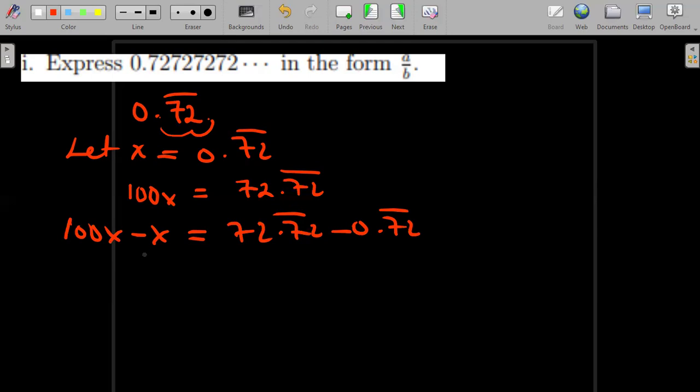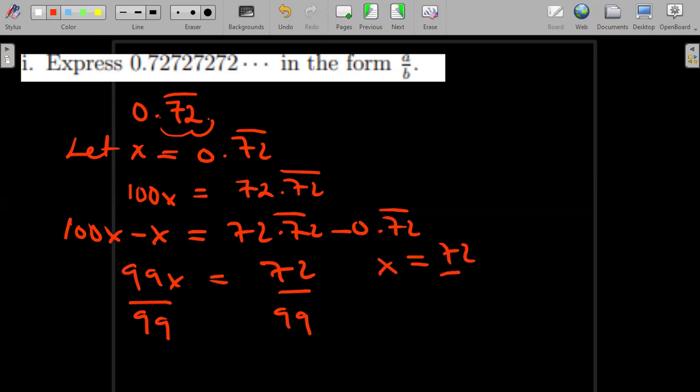From here, what I get is on this side it gives me 99x. Then this other side will just be 72. Then I can divide by 99 on both sides. Then I get x is equal to 72 over 99.